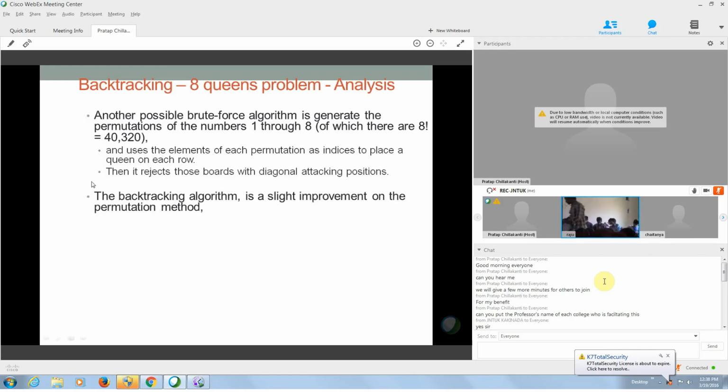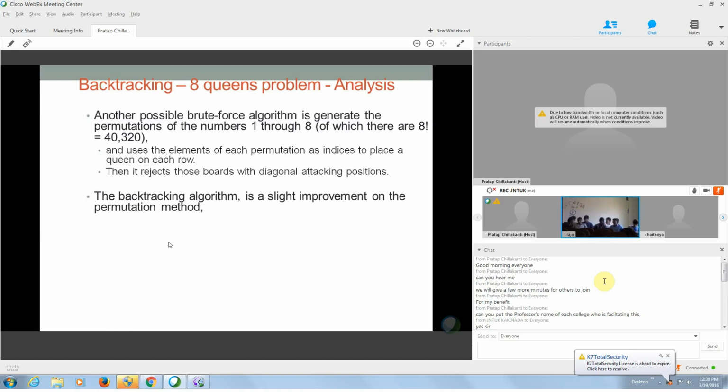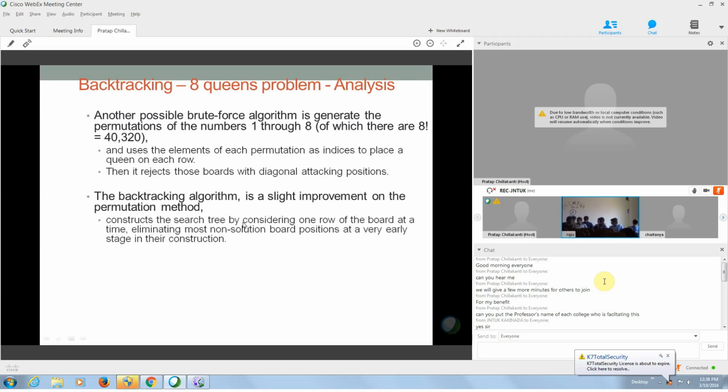When you do backtracking, since you are constructing the search tree where you apply the backtracking algorithm rules, you eliminate non-solution board positions at an early stage, because not all the positions are valid. The moment you place a queen on a board, you already know one row, one diagonal, and one column is gone.